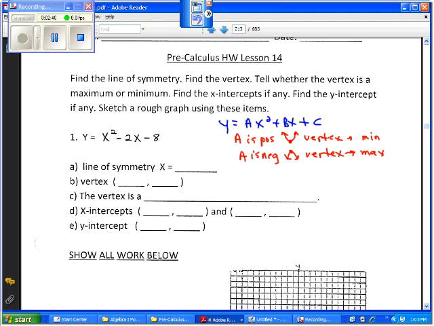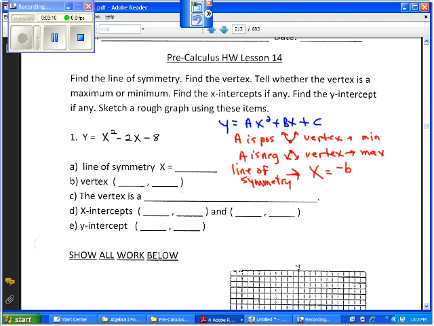We should know how to find the line of symmetry. Remember, to find the line of symmetry from standard form, the formula is what? Well, what kind of a line is the line of symmetry? Vertical line. So the equation is x equals something. X equals what?